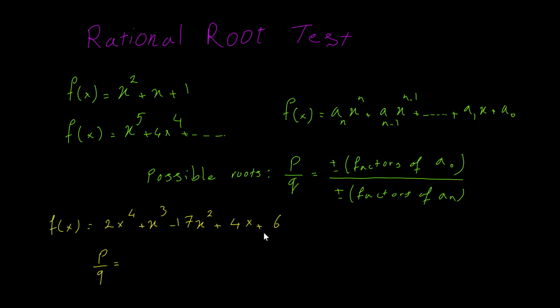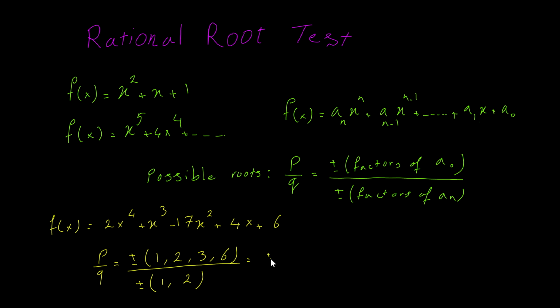In the numerator, we are going to have the factors of 6, which are 1, 2, 3, and 6. The highest degree coefficient is 2, so we have 1 and 2. And then we do the division. So we do 1 over 1 and 2, 2 over.